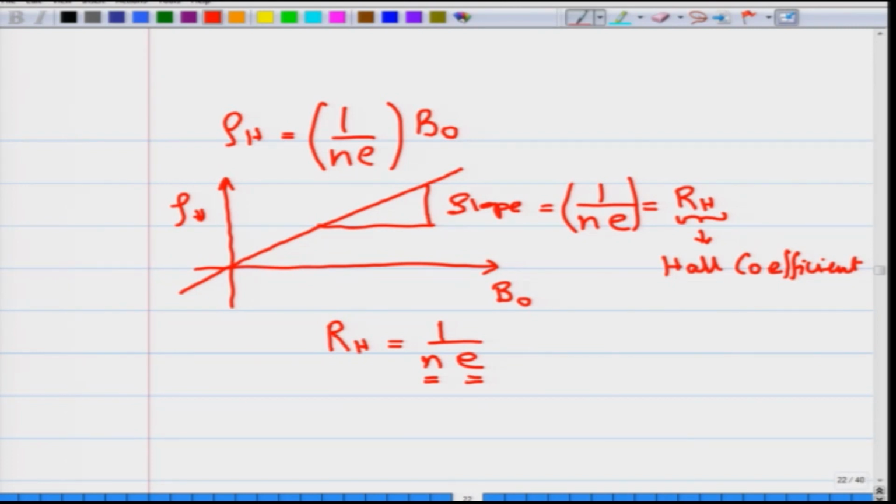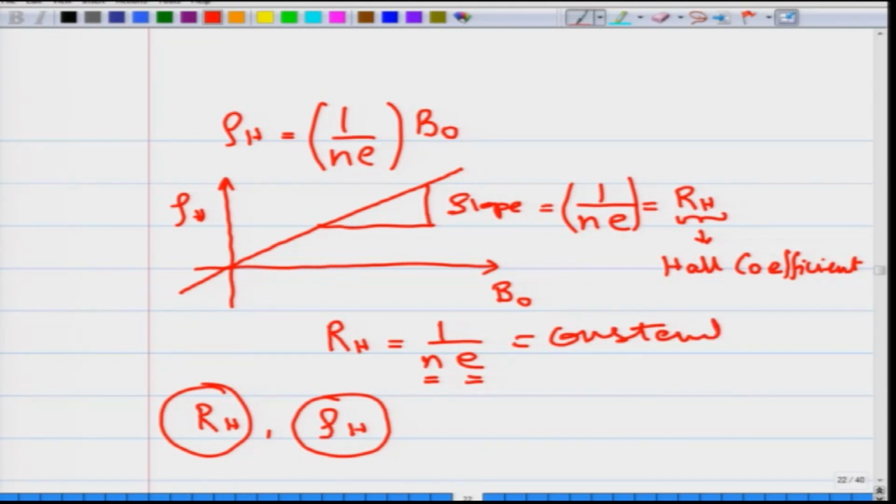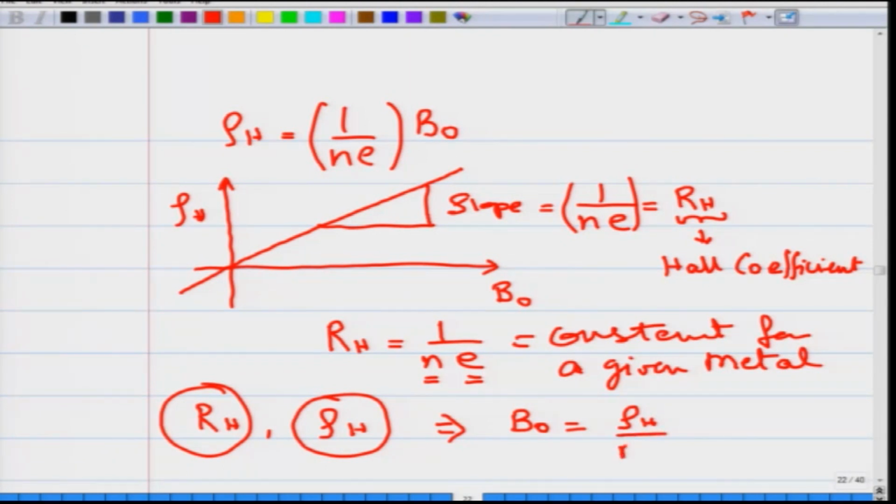Another very important aspect is that if you measure the Hall resistivity, and you already know the 1 by Ne of this material, that is, you have measured the Hall coefficient Rh from a different experiment, then when you place this material in a magnetic field which is unknown and measure the Hall resistivity, since Rh is constant for a given metal, you immediately know from this relation that the magnetic field in your experiment is just rho h divided by Rh.